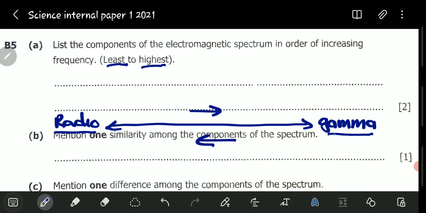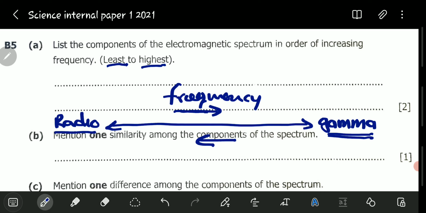Since gamma rays are the most energetic, it means that when we go in this direction, what is actually increasing is the frequency. If frequency is increasing, it means that the wavelength is reducing.